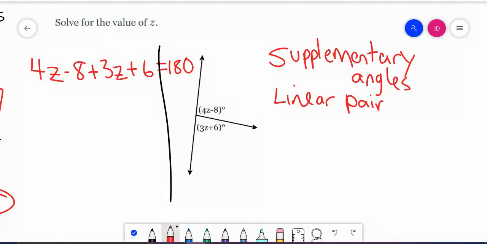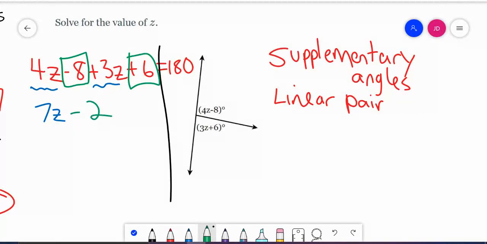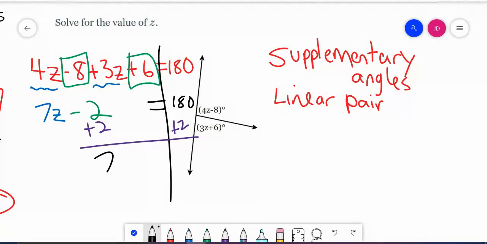All right. Combine like terms, 4z and 3z is 7z. Negative 8 plus 6 is negative 2. And now I have a two-step equation that I can solve. Add 2 to both sides. So I have 7z is 182.